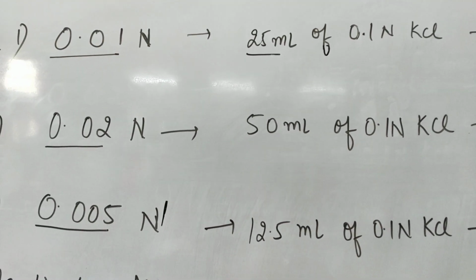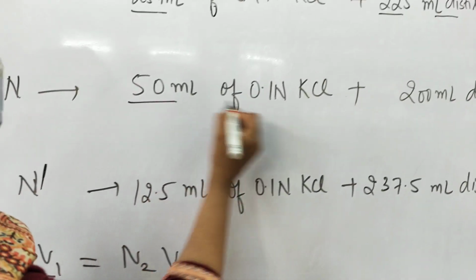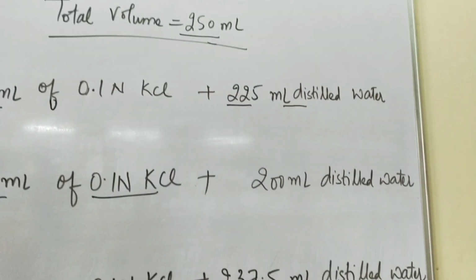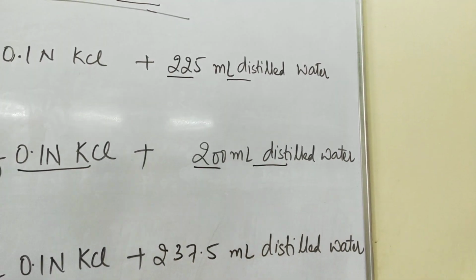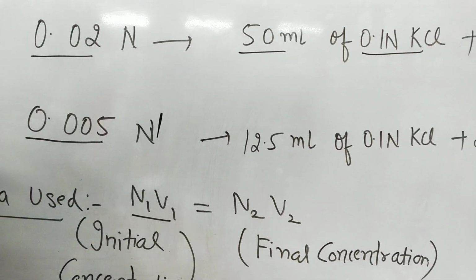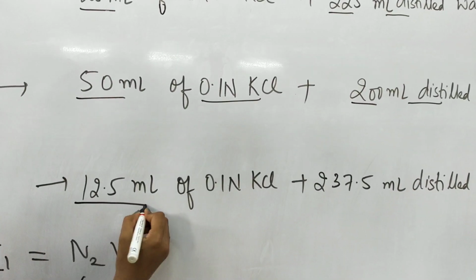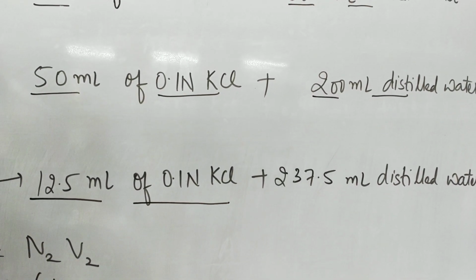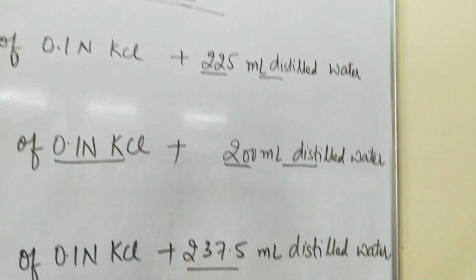Similarly, by using this equation, I have calculated that we need 50 ml of 0.1 normal KCl, and to make 250 ml solution, we will add 200 ml of distilled water. Similarly, to prepare 0.005 normal solution, by using this equation, we need 12.5 ml of 0.1 normal KCl, our master solution, and the rest of the water we will add to make it up to 250 ml solution.